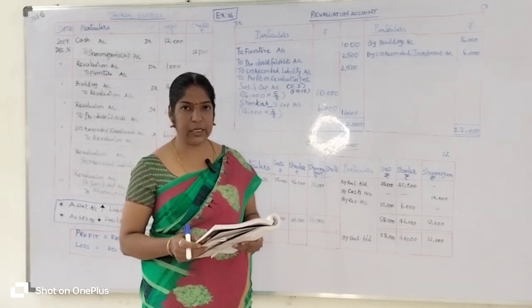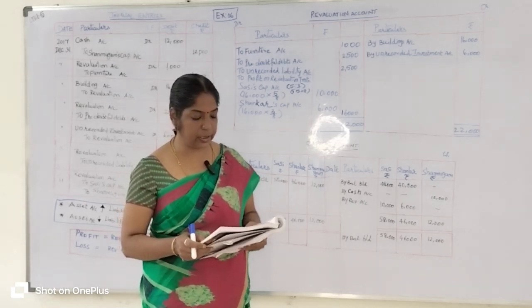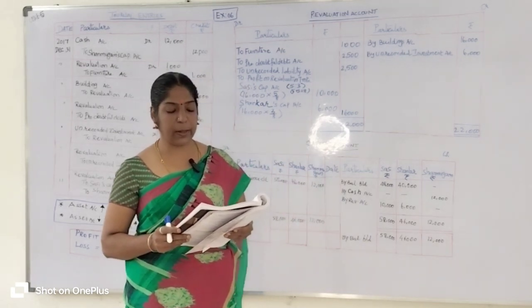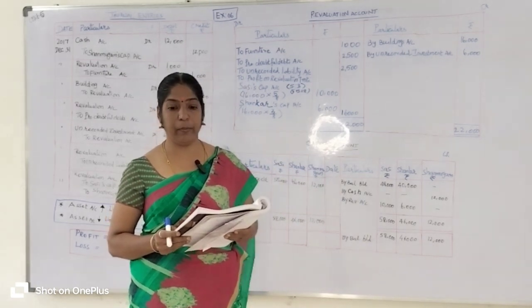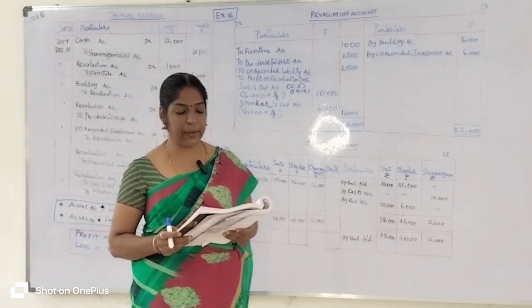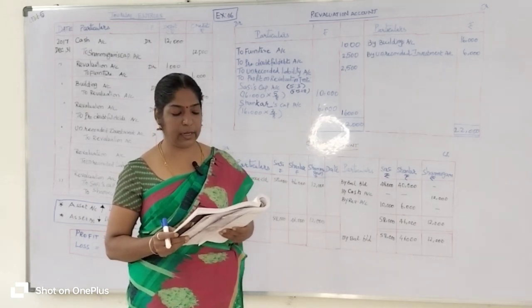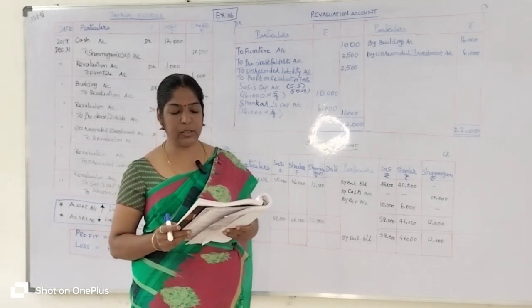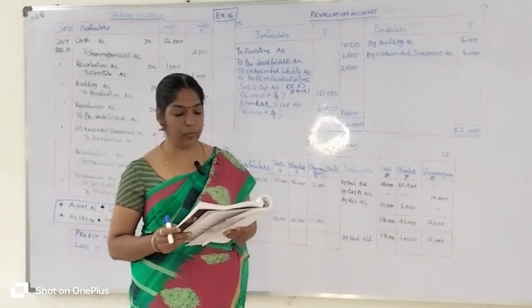Apart from the balance sheet, they have given additional information. On 31st December 2017, Shanmugam was admitted into the partnership for 1/4 share of profit with 12,000 rupees as capital, subject to the following adjustments. Furniture is to be revalued at 5,000 rupees and building is to be revalued at 50,000 rupees.